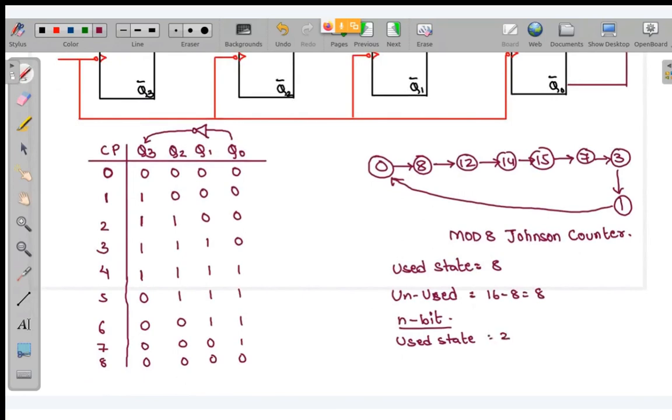Very good. So this will be 2n, and unused states will be 2 to the power n minus 2n.